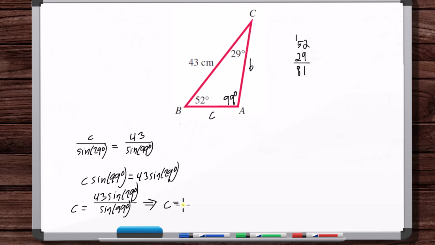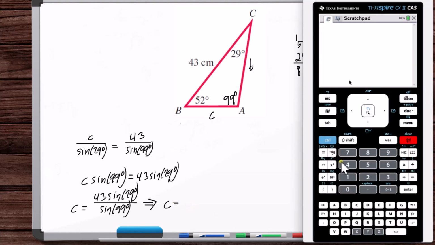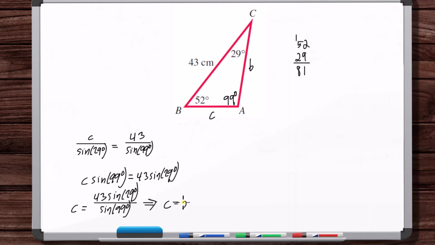So C is equal to 43 sine 29 over sine of 99. There we go. 21.1 centimeters.